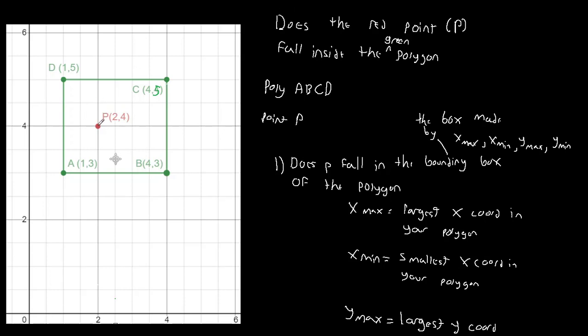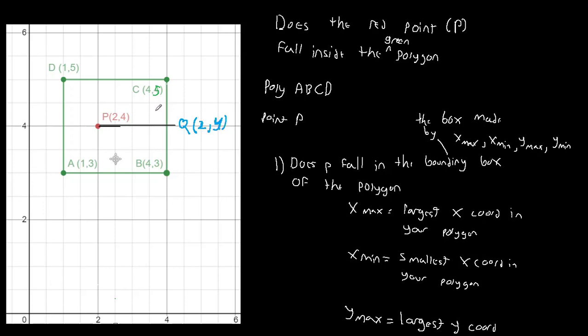We would draw an imaginary line, or actually, in the case of your computer, you would draw an actual line that extends to the right, horizontal, to some new point that I'm going to call point Q. It's going to pull the y value from this point because it's a horizontal line. It's going to have a 4 in the y.